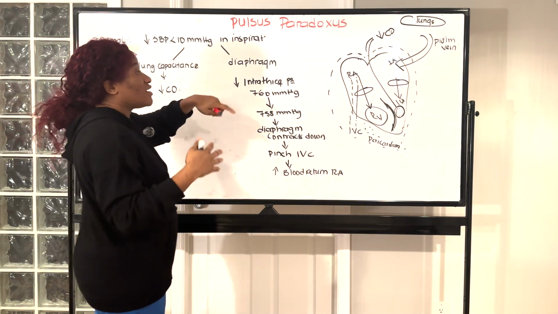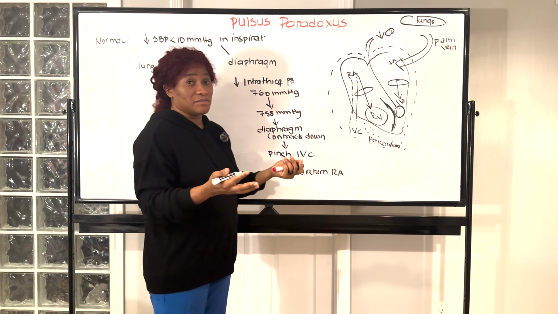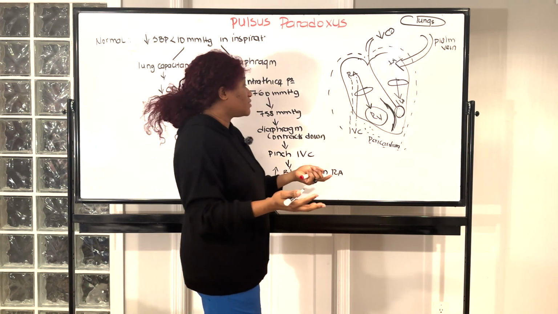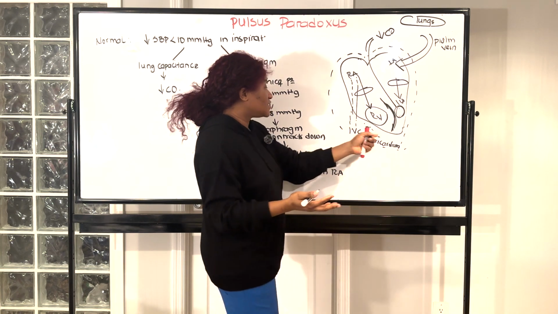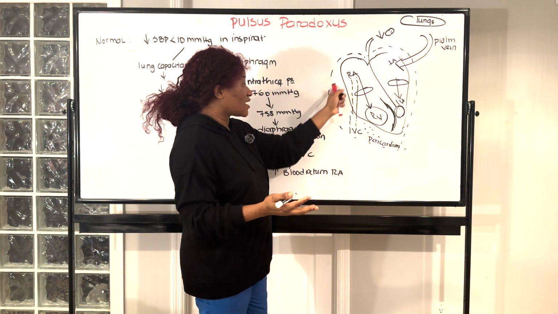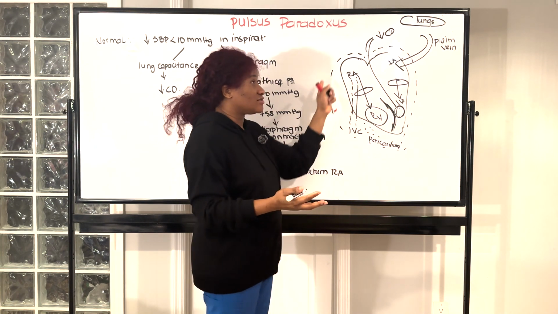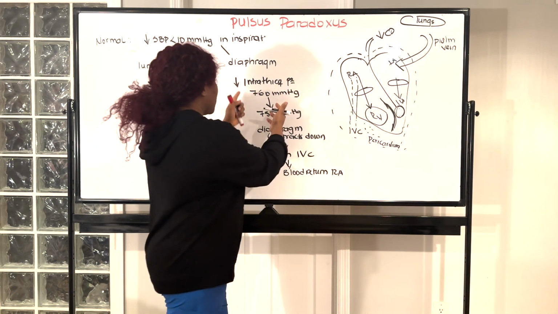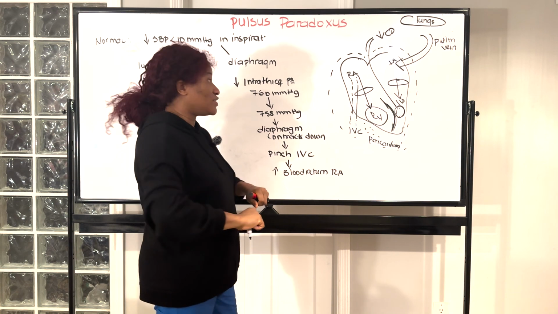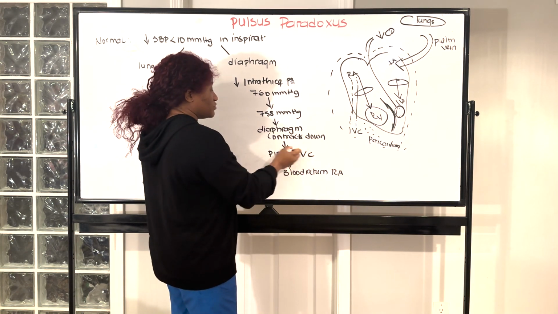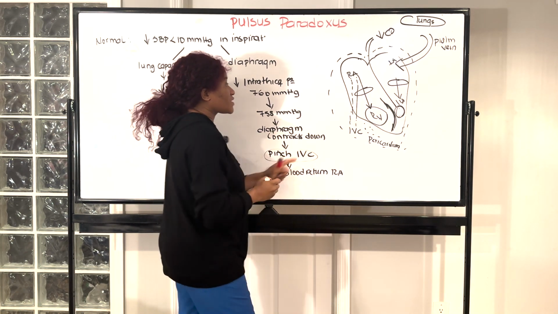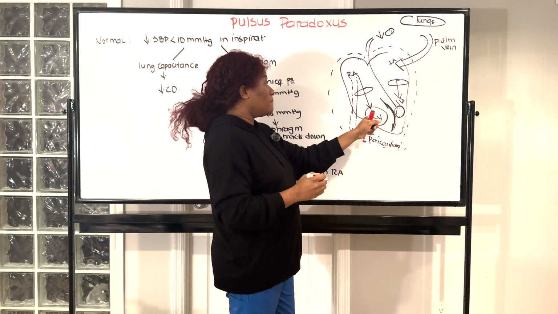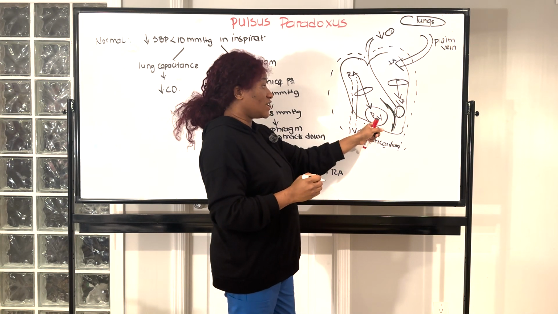Now, we also say that pulsus paradoxus can be abnormal if this drop is greater than 10. And a basic example would be during cardiac tamponade. Remember, during cardiac tamponade, this pericardial sac has a lot of fluid around. So, when the diaphragm contracts down during the inspiration and impinges on the inferior venous cava, more blood comes back to the right atrium, more blood comes down to the right ventricle.